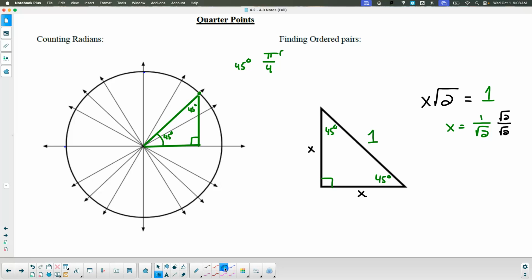So that gives me that x here is equal to the square root of 2 over 2. So both of these are the square root of 2 over 2. Which means that the xy coordinate here would be the square root of 2 over 2, comma, the square root of 2 over 2.